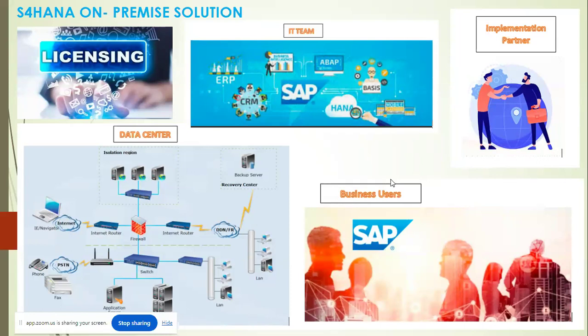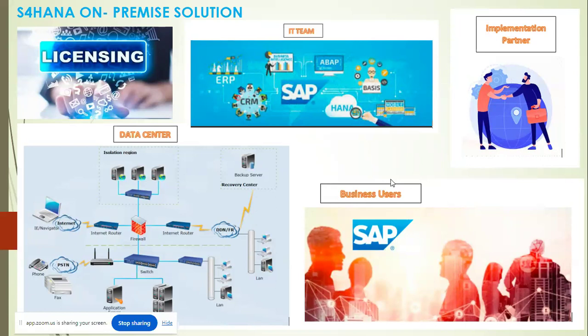The whole process takes 6 to 7 months, depending on the number of users, because you need to train all the users also and make them aware of the whole solution. So this is an on-premise solution, where the hardware, everything will be in your company.